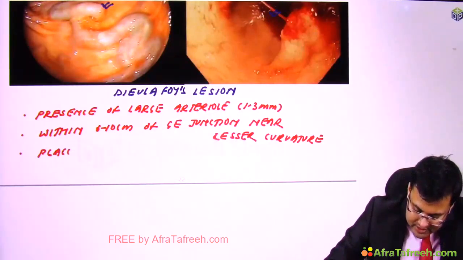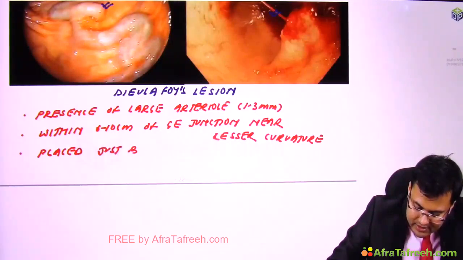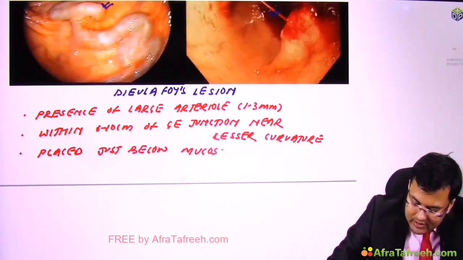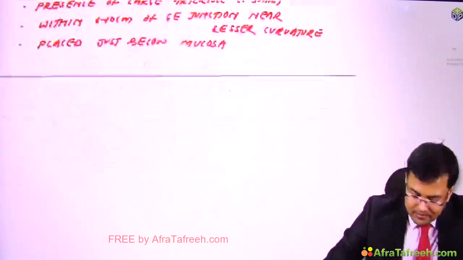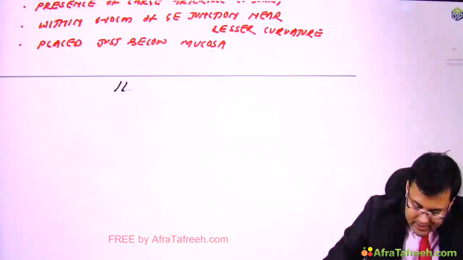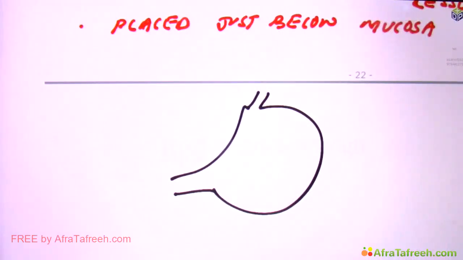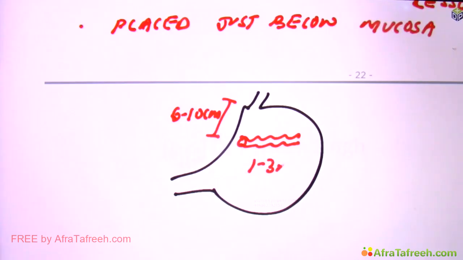It is placed just below the mucosa. Clear? Now see the problem. What happens in Dieulafoy lesion? See, this is the stomach. Within 6 to 10 centimeters of the GE junction, there is presence of a large arteriole. How much is the diameter? 1 to 3 mm.